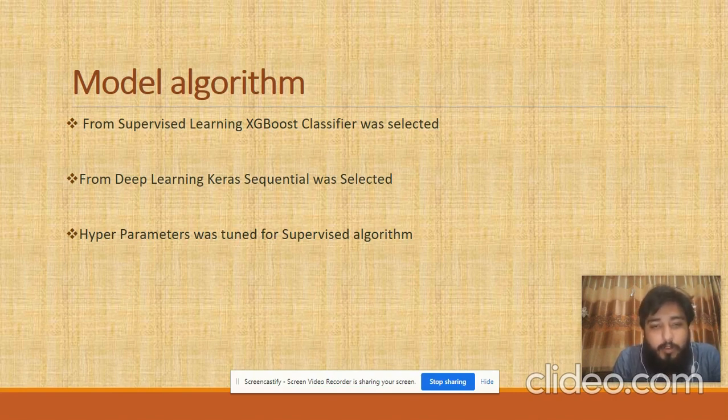It was hyper-tuned for certain parameters. You can see that in my notebook. And from deep learning, I've used a Keras sequential model to check my basic understanding and to see how well it performed with certain layers, different activation functions, and number of inputs and outputs.